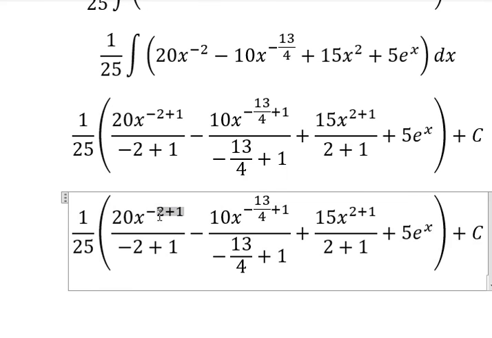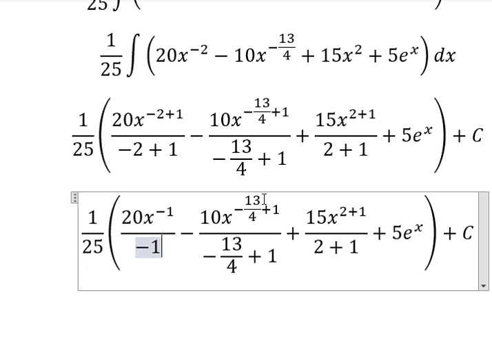This one we have negative number 1, negative number 1. This one we have negative 9 over 4.